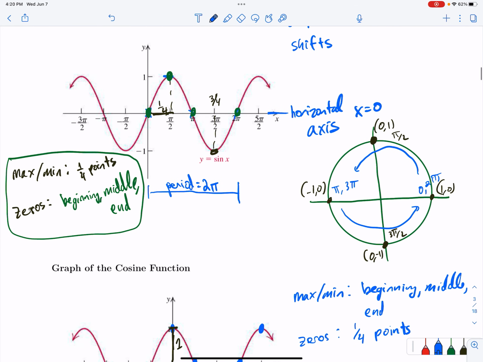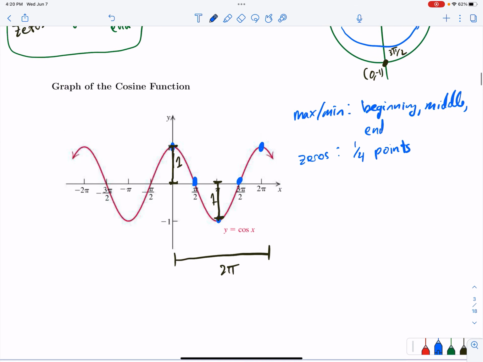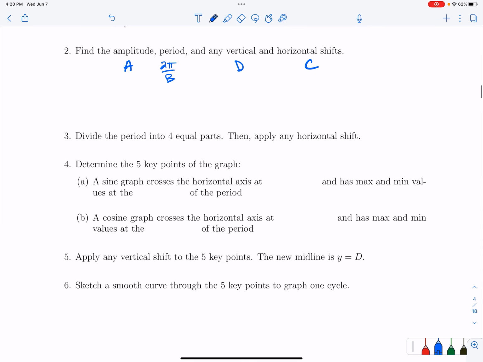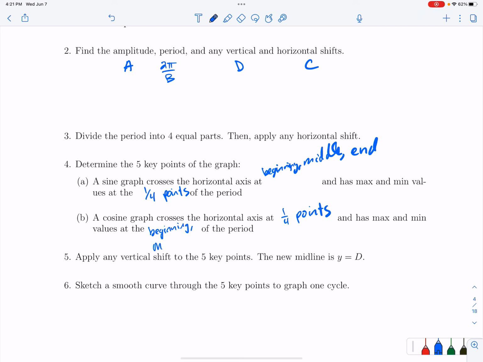It crosses the horizontal axis, or the zeros, at the beginning, middle, and end, and has max and min values at the quarter points of the period. And then cosine is just reversed. The cosine graph crosses the horizontal at the 1/4 points and has max and min values at the beginning, middle, and end.